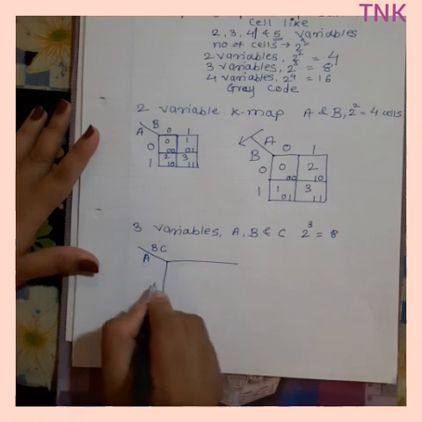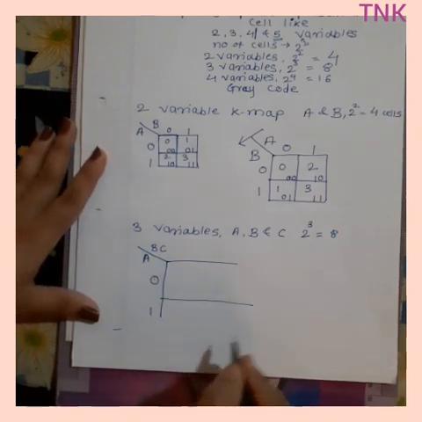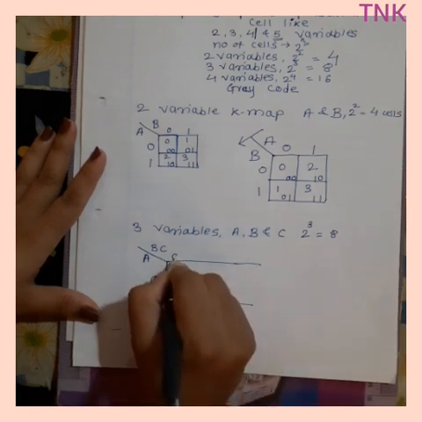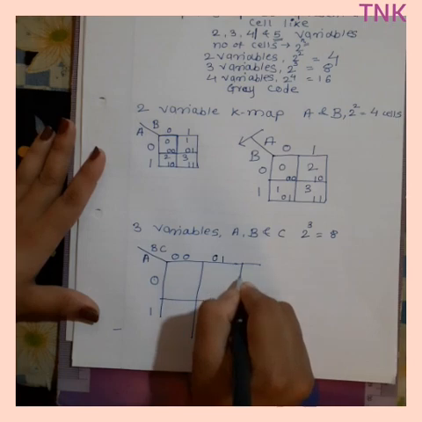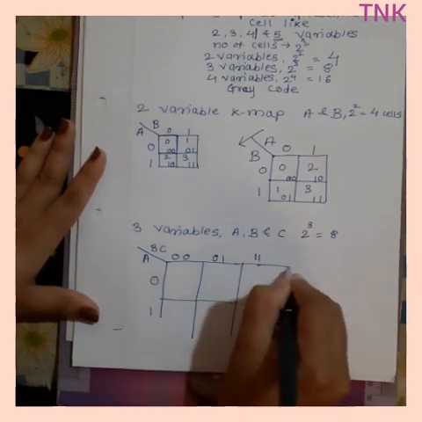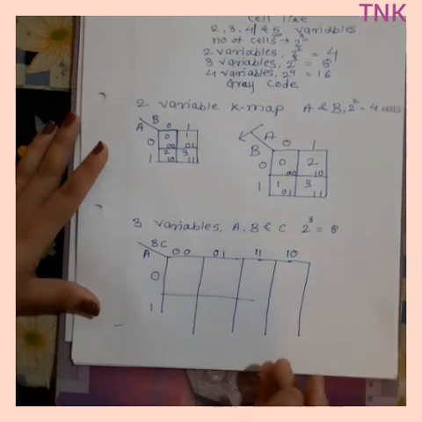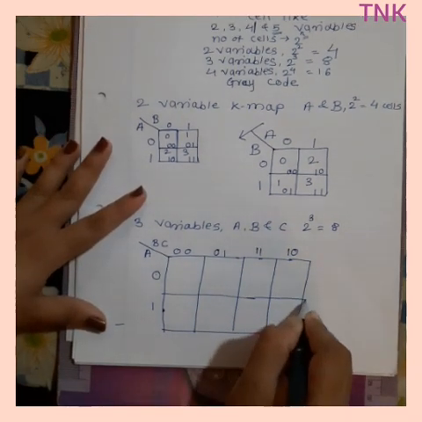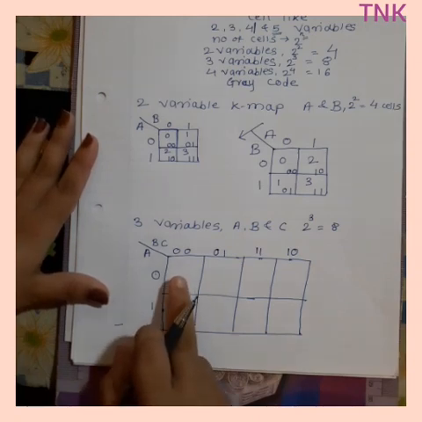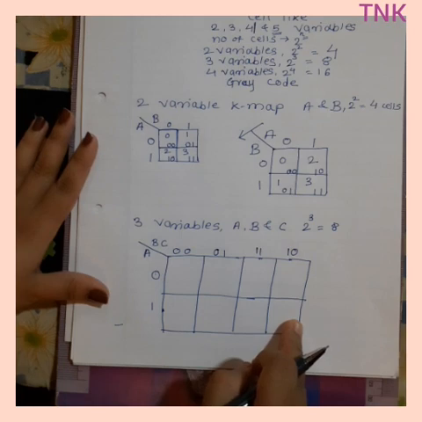As A is a single variable, possible values are 0 and 1. B and C are 2 variables, so possible values are 0 0, 0 1, 1 1, 1 0. So this is the structure of a 3 variable K-map. Count the number of cells: 1, 2, 3, 4, 5, 6, 7, 8. So there are 8 cells.